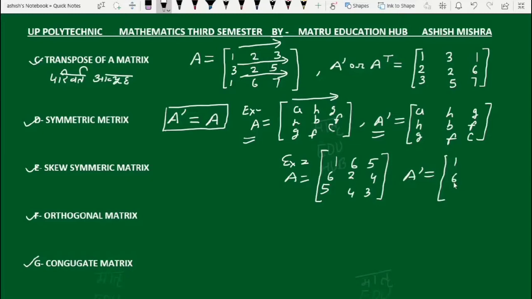We get 1 6 5, 6 2 4, 5 4 3. We can see both are the same. That is a symmetric matrix. Similarly, if any matrix has the property A dash equal minus A, then that matrix is known as a skew symmetric matrix.